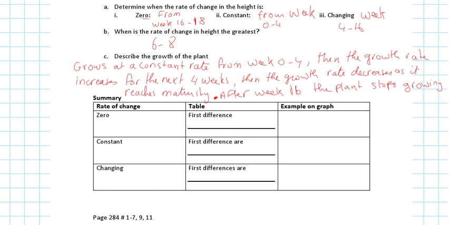Reaches maturity. So think about kids, right? They keep growing until they reach a certain age, and we call that their maturity age, and they're not growing anymore.